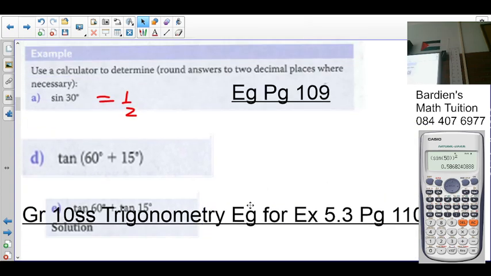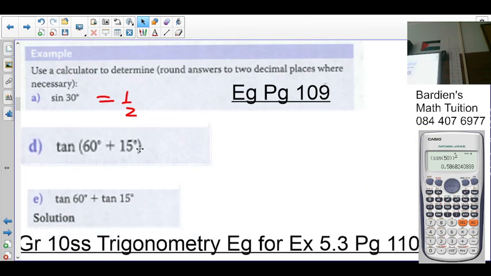Okay, so now we're looking at D. This is 10 sine 60 plus 15. Put that in the calculator.